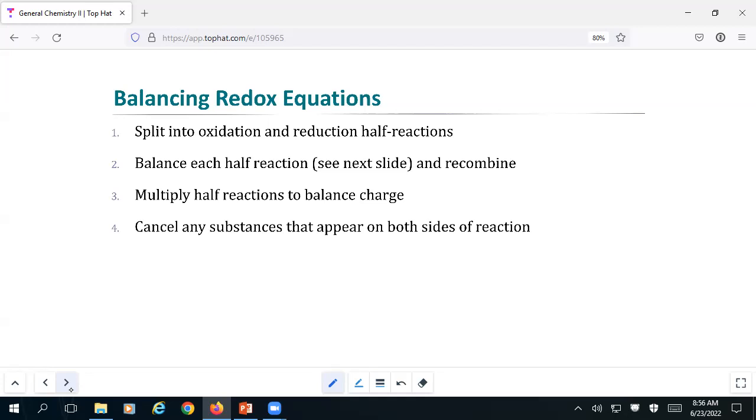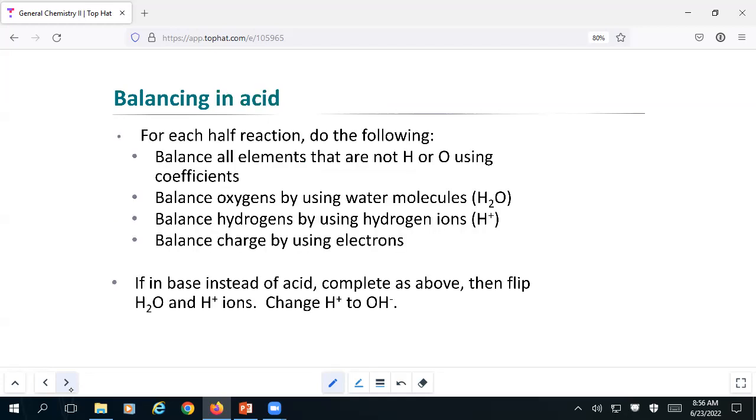So what does that actually look like in practice? Well, the process for balancing the half reactions is as follows. First, we're going to balance every element in the half reaction that's not hydrogen or oxygen. So if I've got a half reaction where I've got iodine, I2 on one side, and iodide, I- on the other, first thing I'm going to do is make sure that I've got two iodines on both sides.